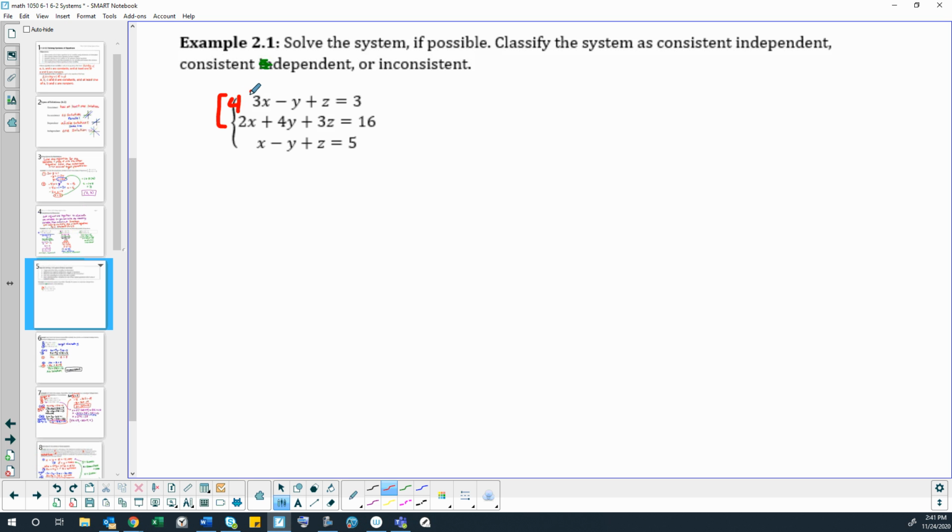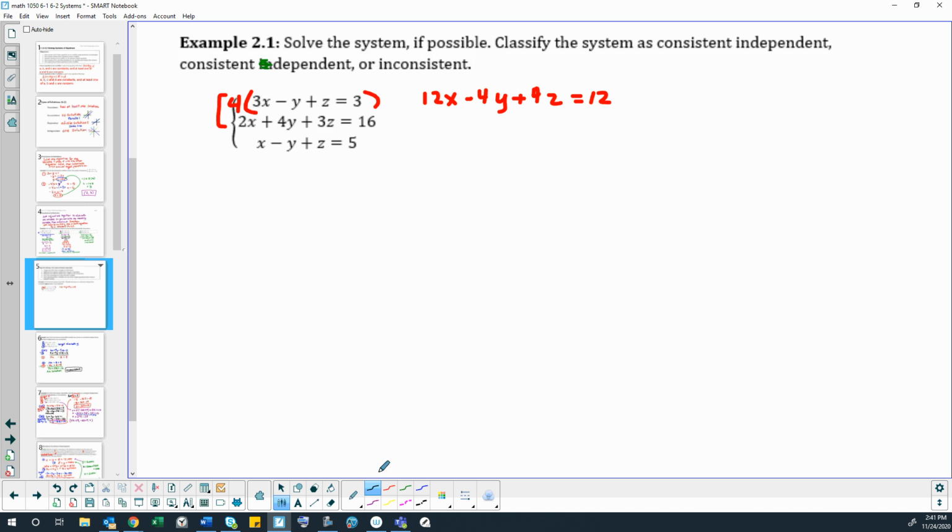Okay, so I'm going to take these two equations, and I'm going to multiply this top one by a 4. So 4 times 3 is 12. And 4 times negative y is negative 4y. 4 times z is 4z, and 4 times 3 is 12. I multiply everything by that chosen number. Then I'm going to multiply the next part of that with nothing.